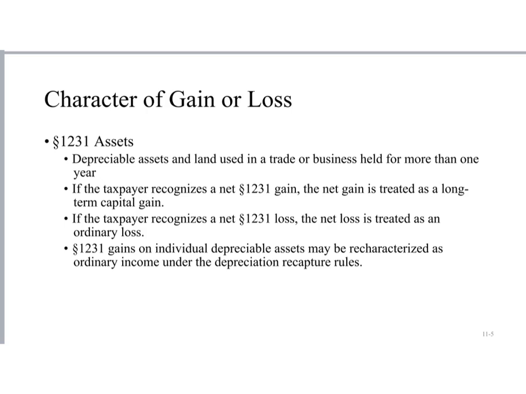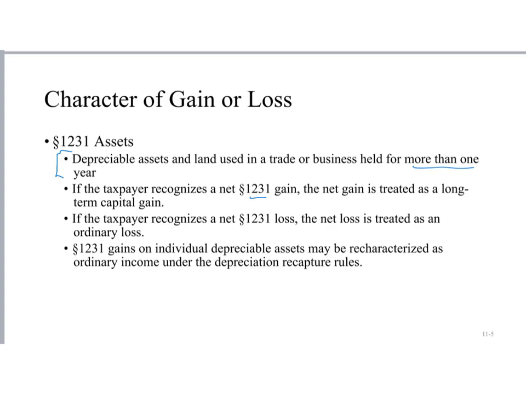All right, so let's talk about each of these items. So what are potential 1231 assets? Well, potential 1231 assets are depreciable assets and land used in a trade or business held for more than a year. Okay, so already you have to have essentially business property that's been held for more than a year. All right. If there's a net 1231 gain, then that's treated as long-term capital.